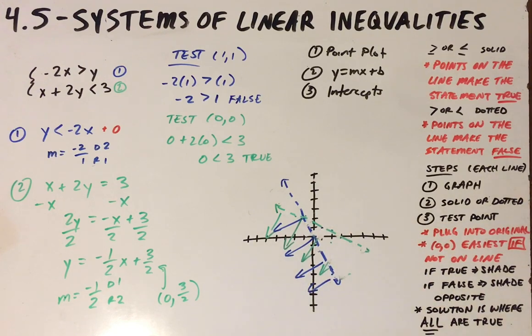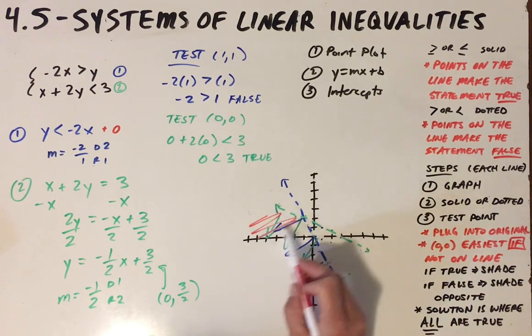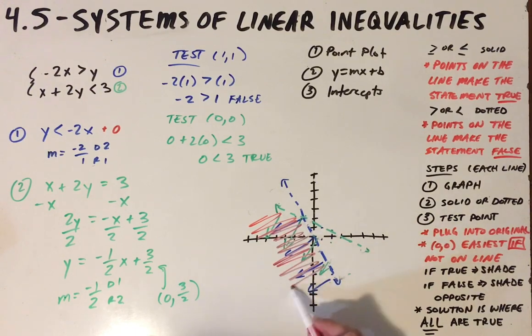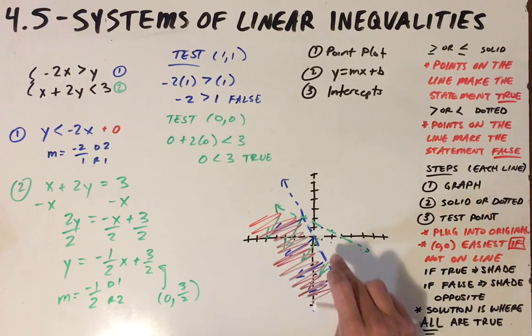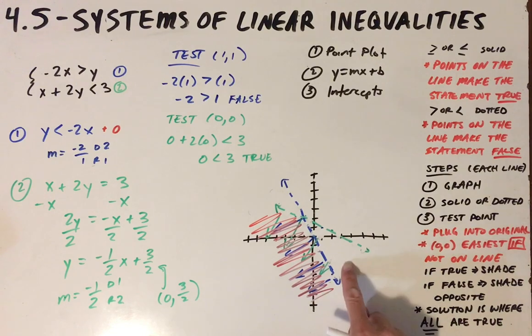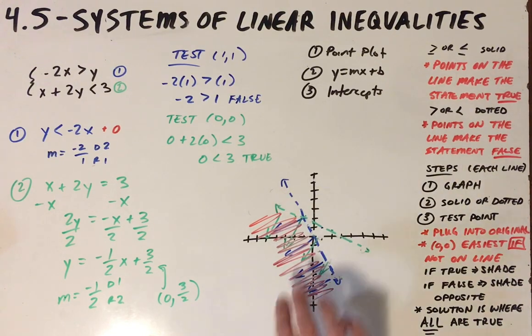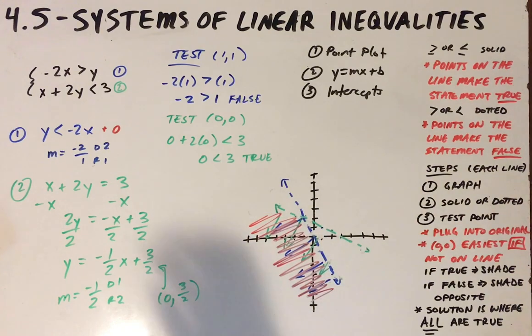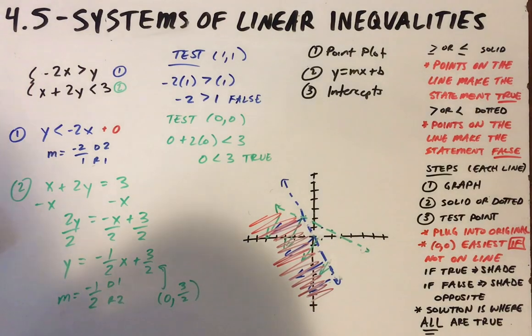So I want to make sure that when I shade this, I am only shading this region here, and not anywhere inside of here, or on that side. Okay, so this is where they overlap, so where they're both true. Remember, to solve a system, it's what makes both of those statements true.